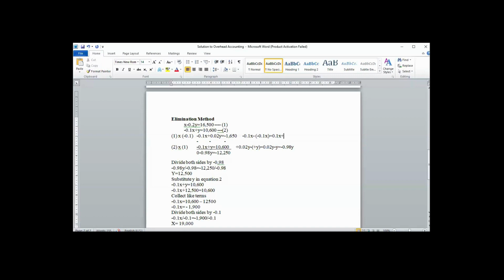Plus 0.1 x equals what? 0. That is what we have done there. We did not do anything other than that. And that minus we introduced, we must also introduce to the second and third variables.